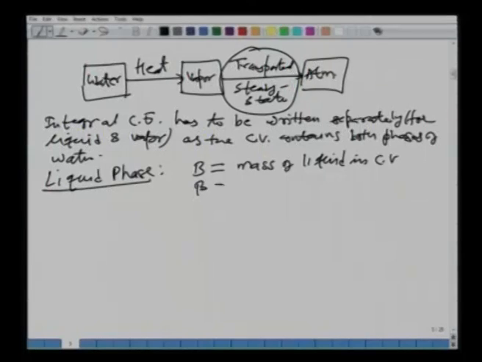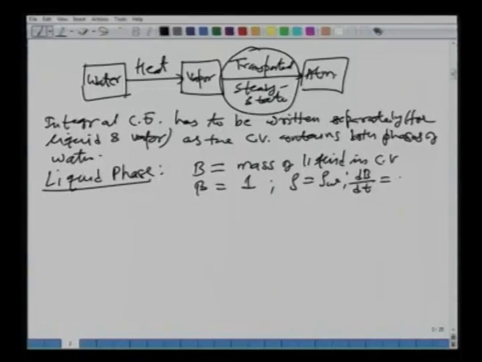Beta will be 1 in this case, mass of liquid per unit mass of your liquid. Rho we are going to use is rho of the water, and then dB by dt. Okay. What will this be equal to?